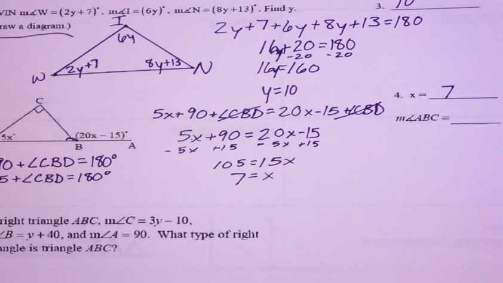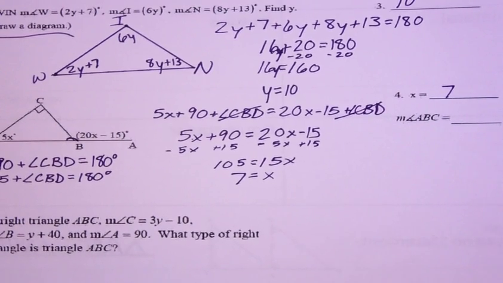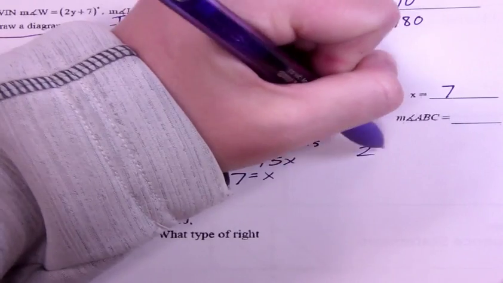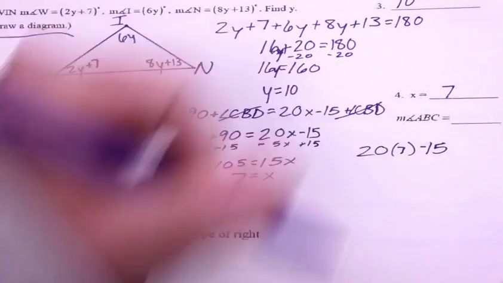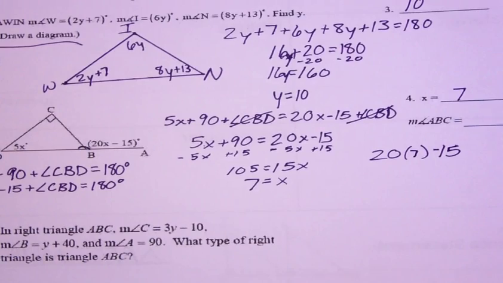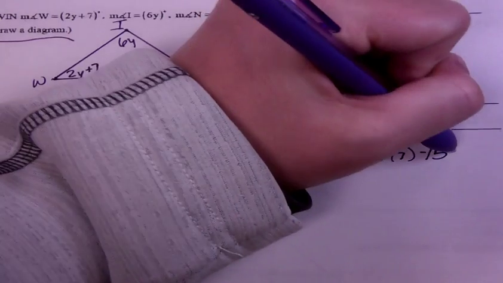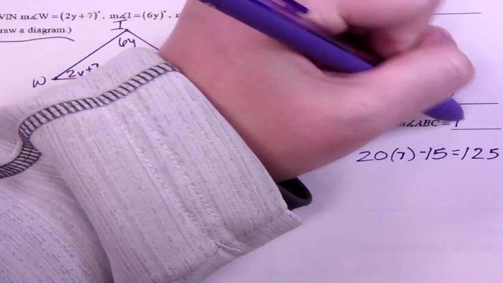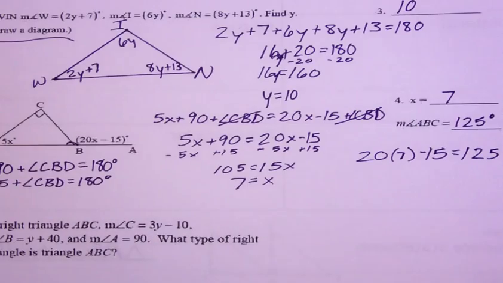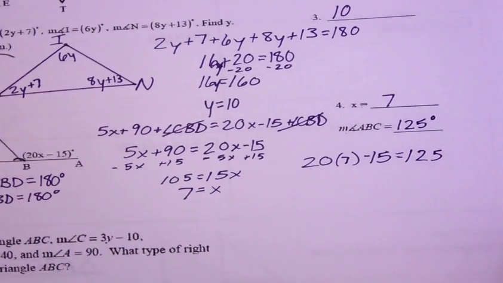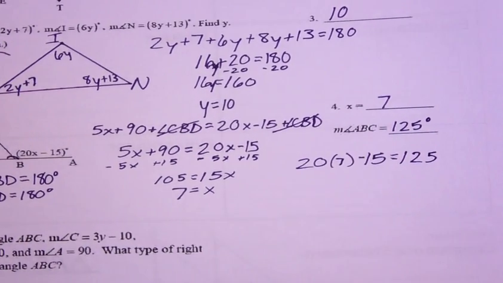And then it's asking for the measure of ABC, which is that exterior angle. So you just have to plug it in. So 125. Yay! So that's the exterior angle theorem.